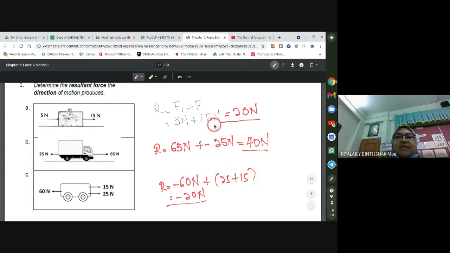Okay, so since 1A, the acceleration is to the right because the resultant force is 20 Newton positive. Same goes with B, 40 Newton positive. Both are moving to the right. And for C, the resultant force is negative 20 Newton. So it should be moving in the opposite direction as A and B, which is to the left. Okay, very good for all the answers.